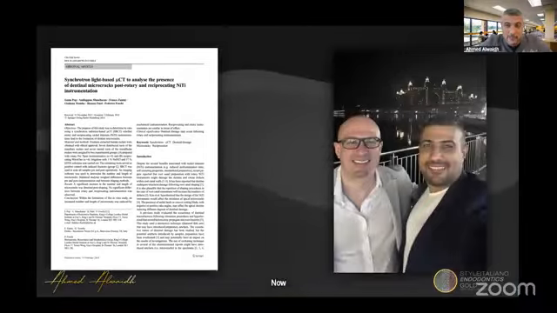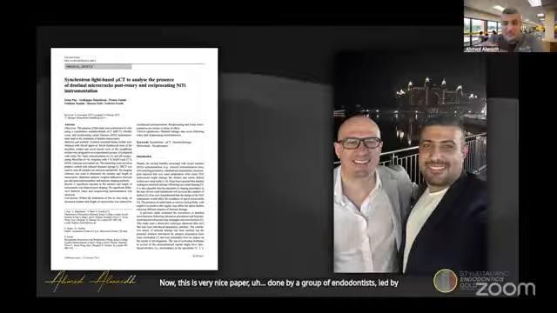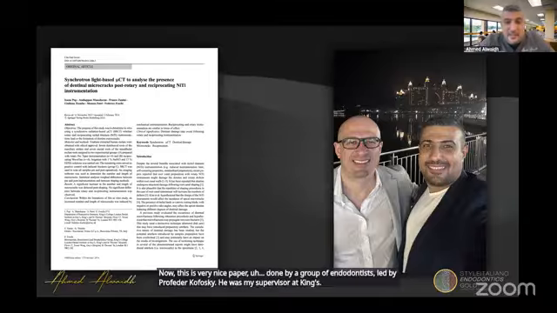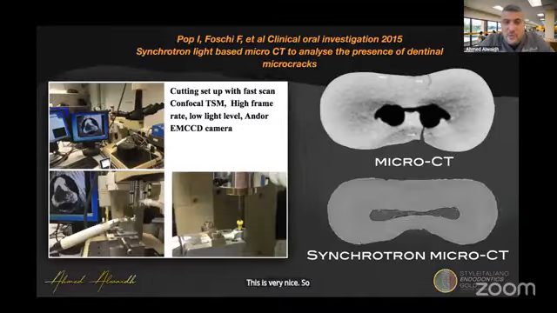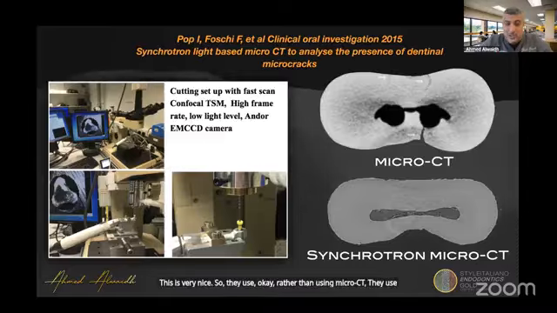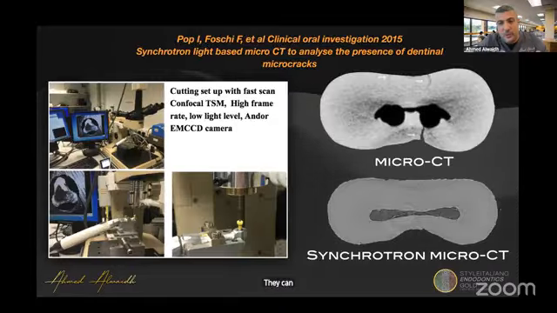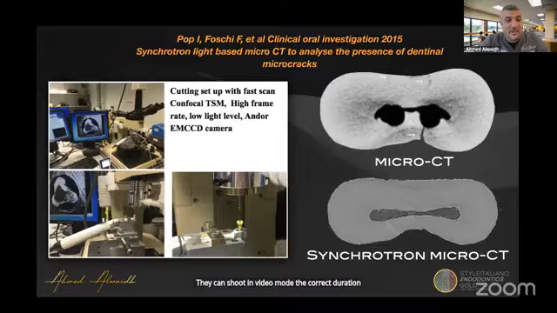Now, this is a very nice paper done by a group of endodontists led by Prof. He was my supervisor at King's. Rather than using micro CT, they used synchrotron micro CT, with which they can shoot in video mode the crack generation during instrumentation.